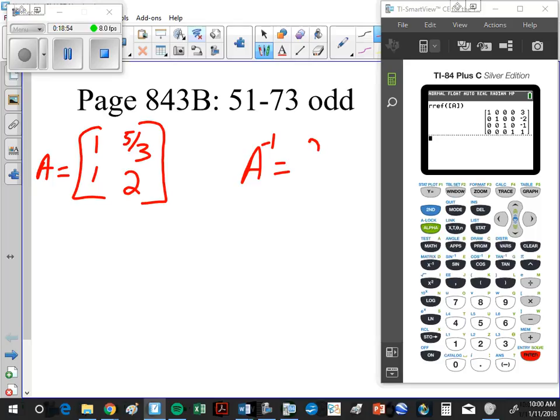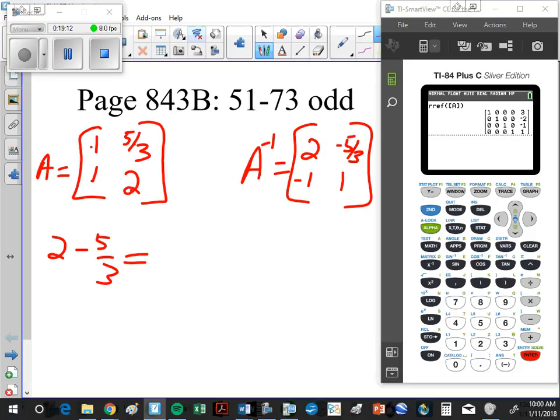So we would switch the 2 and the 1, and then we would make this negative, and then we would make this negative, and then we need to calculate the weight. 1 times 2 is 2 minus 5/3 times 1 is 5/3. 2 minus 5/3 is 1/3. 2 is really just 6 over 3.